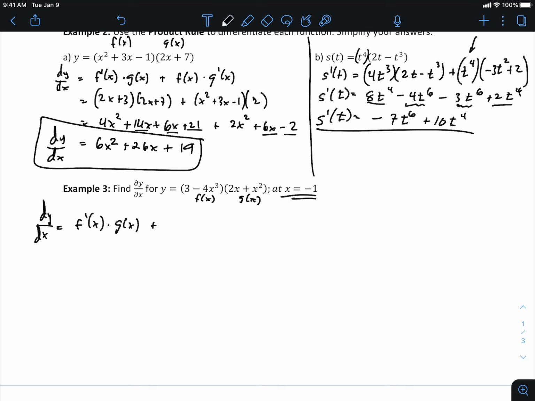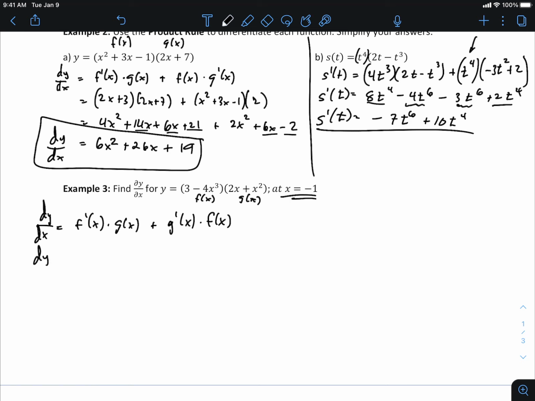It'll lock itself in there, and then you won't need it anymore, right? Hopefully by the time the summative rolls around and by the time you've done questions today, you might not need to write it down anymore, okay? So it's a good reminder of, okay, I'm going to derive f first, multiply it by the original g, and then add the derivative of the g multiplied by f.